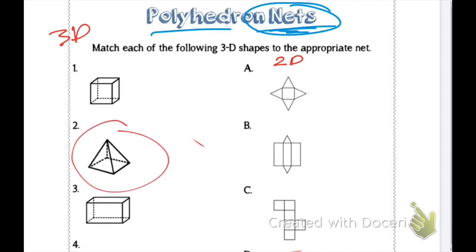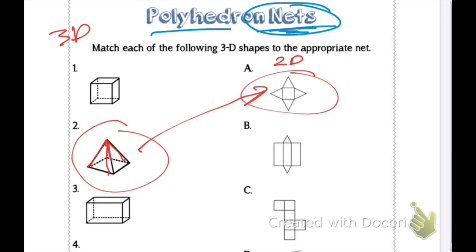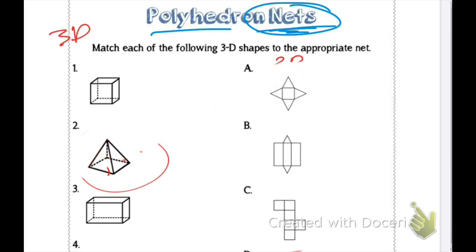If I take that, and if I were to cut all the edges here, unfold it, what would it look like two-dimensionally? Looks like this one. So go ahead and pause the video, try and do the rest of those on your own. You got 6 of them, try and do those on your own if you can, and we'll correct together.